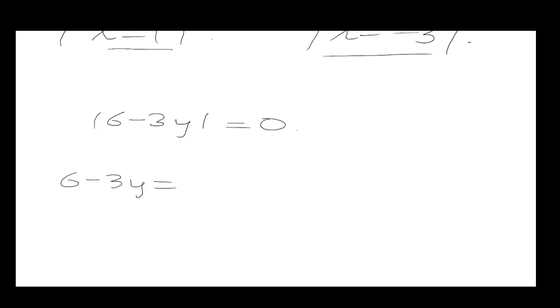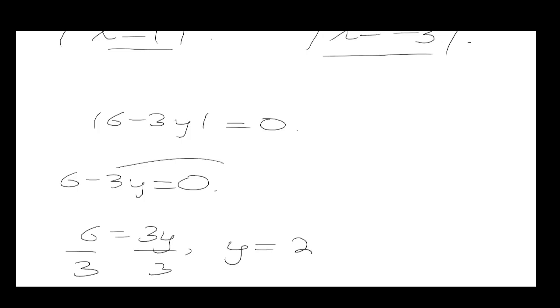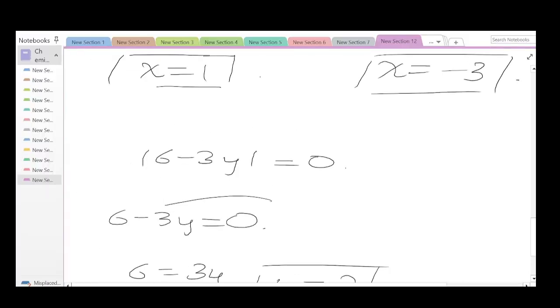So we will just simply write 0 here. Now 3y will go to the right. So 6 will be equal to 3y, and when you divide by 3 on both sides, the value of y will be 2. So this will be our answer. In case of 0, there is no positive or negative sign, as it is a neutral number.